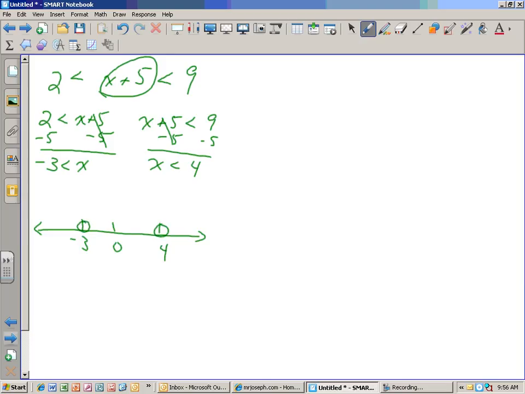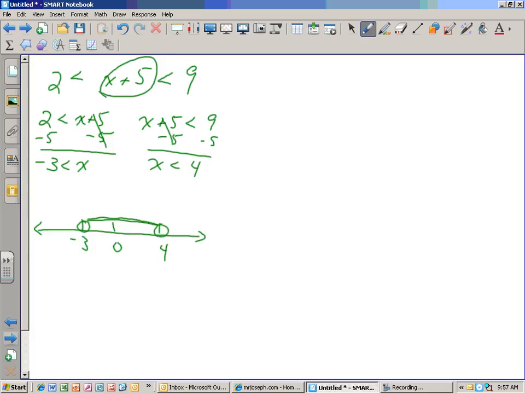And because we have an and statement, it's going to be between those two numbers. Why is there a line in the middle of them? What the line signifies is that all these values between -3 and 4, I could plug in for x, and they're going to work.